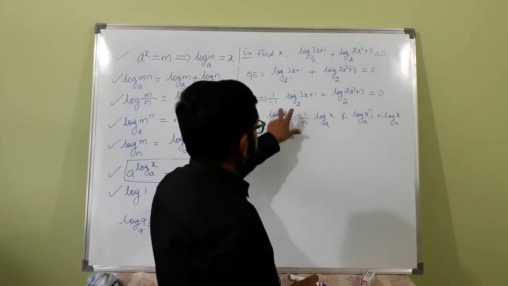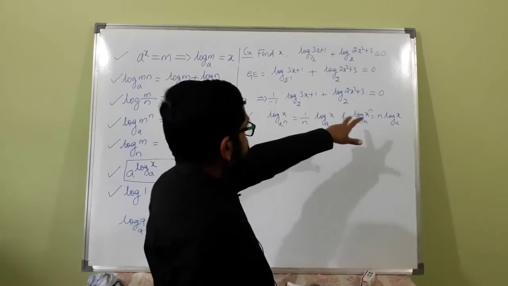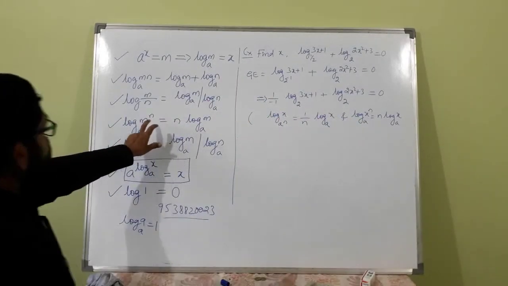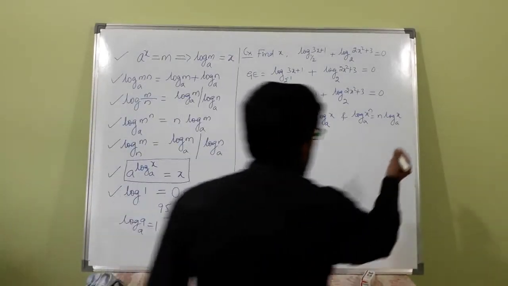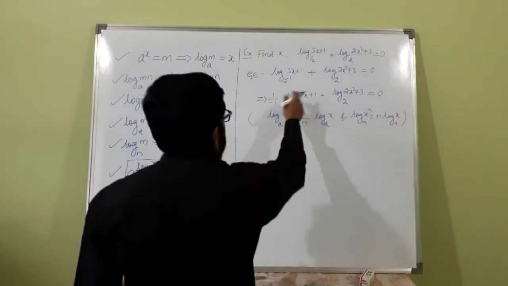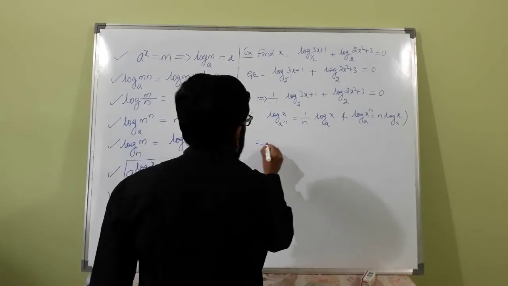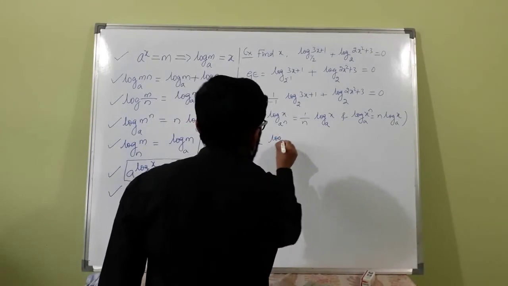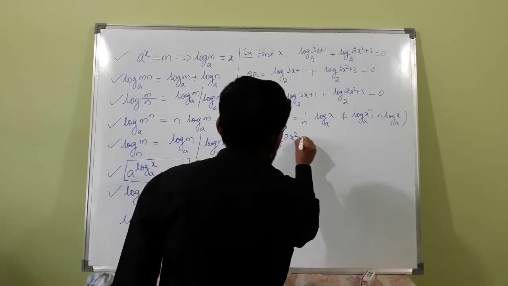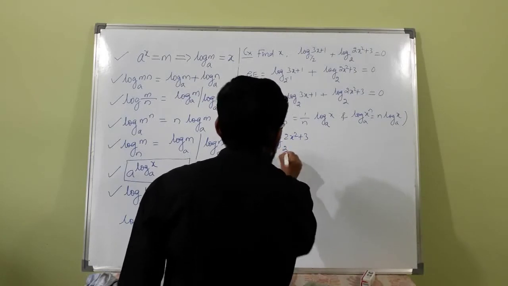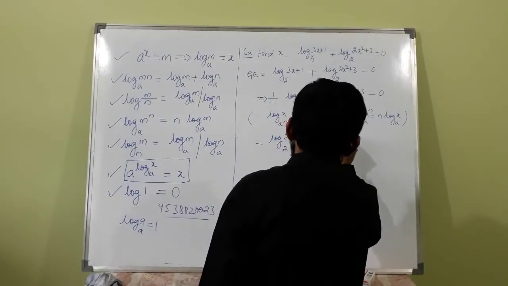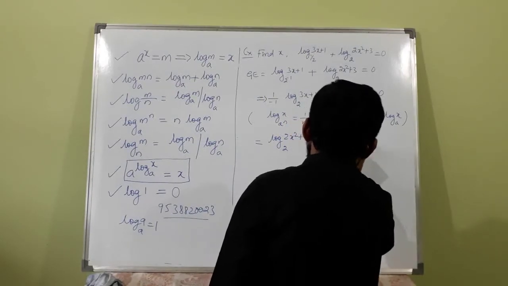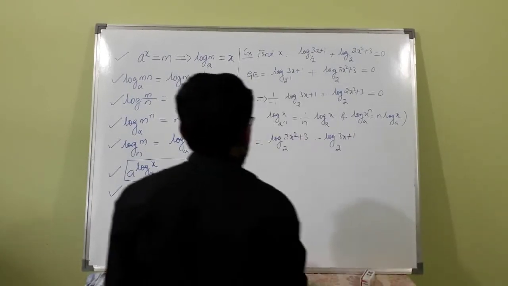If it is power to the log number, then due to this, log of m raised to n is n into log of m. Okay, what happens now? This is equal to log of 2x squared plus 3 to the base 2 minus log of 3x plus 1 to the base 2.